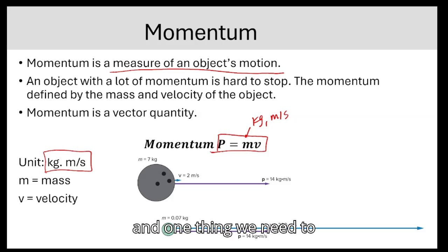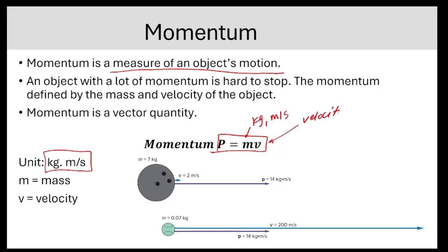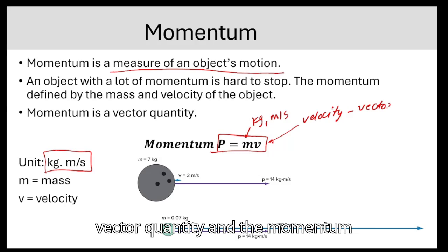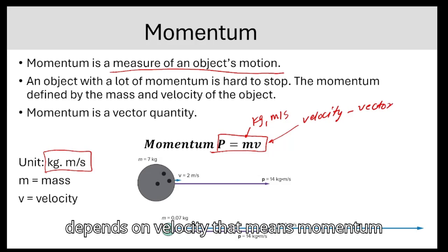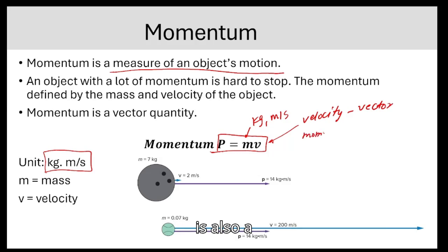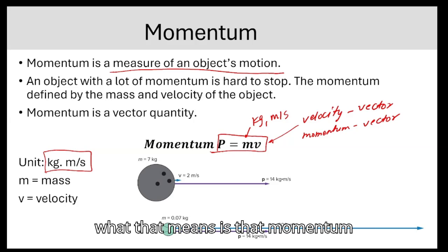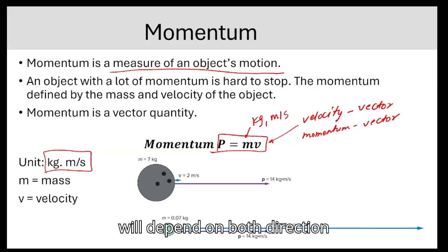One thing we need to remember is that velocity is a vector quantity, and momentum depends on velocity. That means momentum is also a vector quantity. Momentum depends on both the direction as well as the magnitude of the velocity.